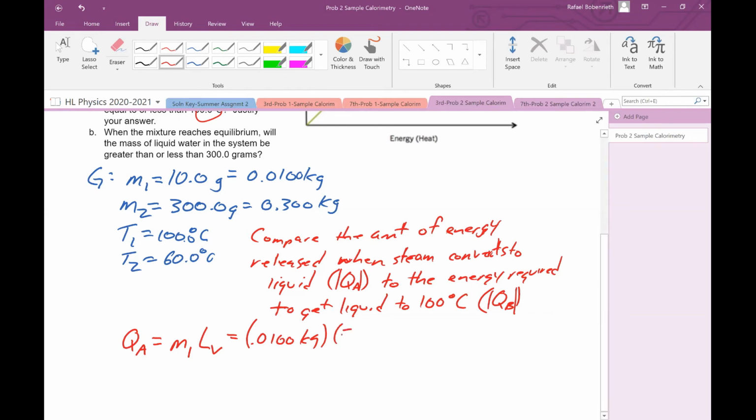I'm going to call it that. If it's not, someone tell me. Okay, so let's go ahead and calculate that. 0.01 times 2.36 times 10 to the 6. What do we get?